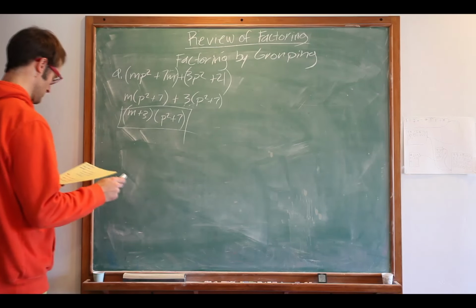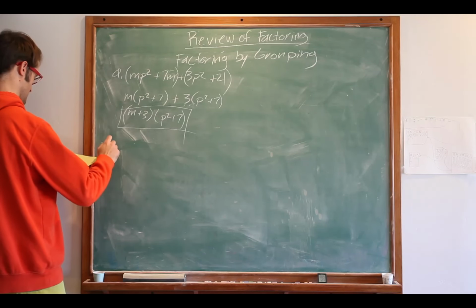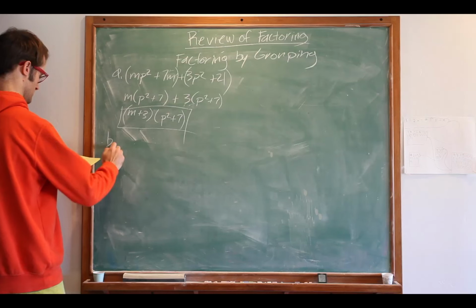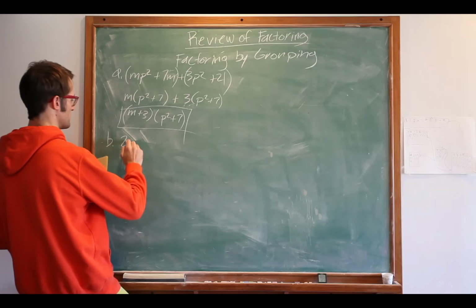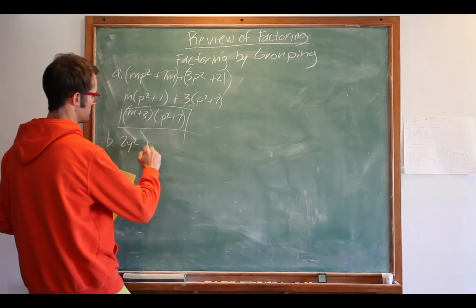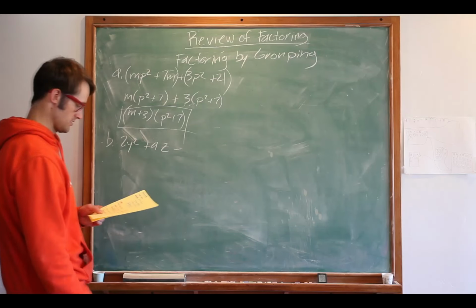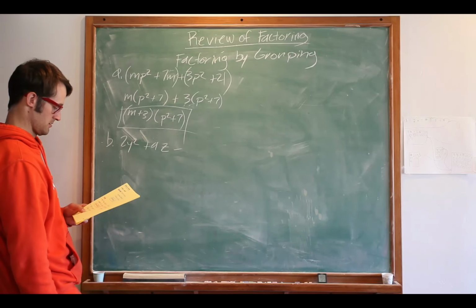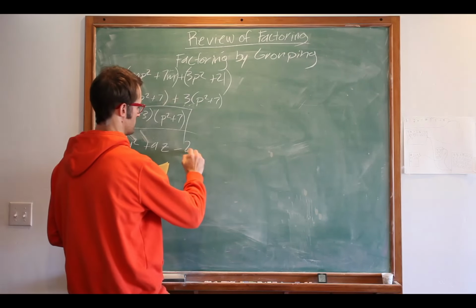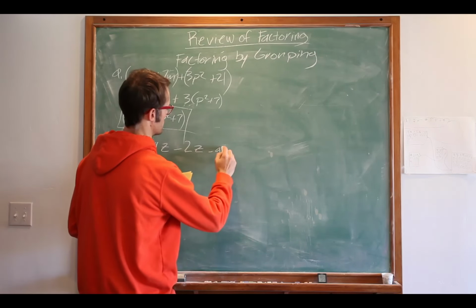Okay, let's do one more. 2y squared plus az minus 2z minus ay squared.